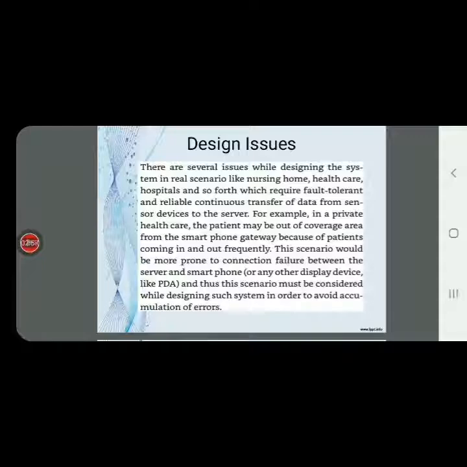For example, in private healthcare, the patient may be out of coverage area from the smartphone gateway because patients come in and out frequently.